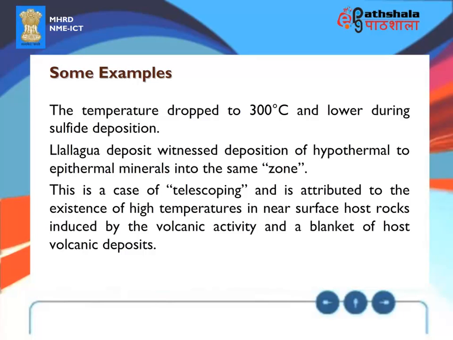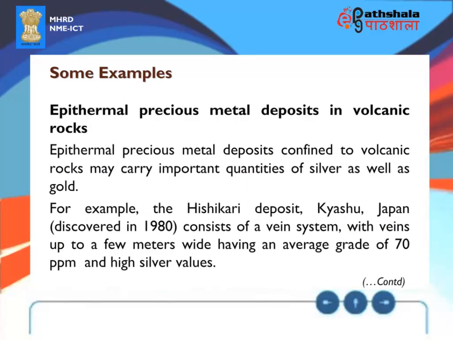Lalagua deposit witnessed deposition of hypothermal to epithermal minerals into the same zone. This is a case of telescoping and is attributed to the existence of high temperatures in near-surface host rocks induced by the volcanic activity and a blanket of host volcanic deposits.